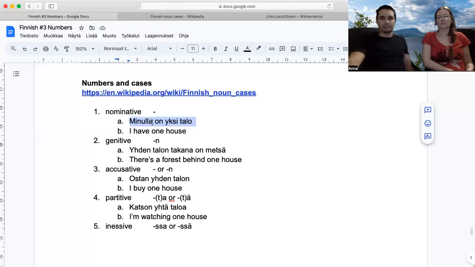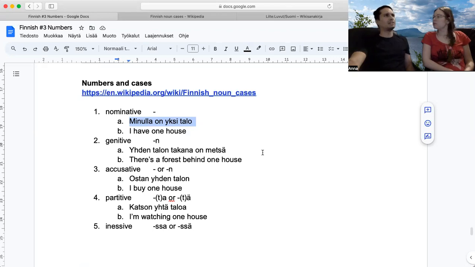So nominative, I have one house. Minulla on yksi talo. You wouldn't translate this as I have a house, right? Minulla on yksi talo. This means you have one house, not two, not three.